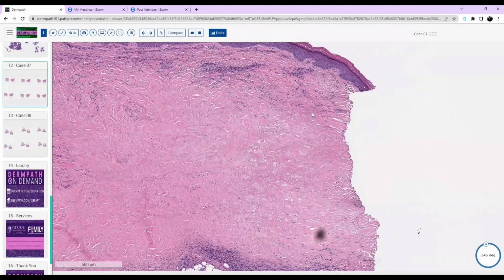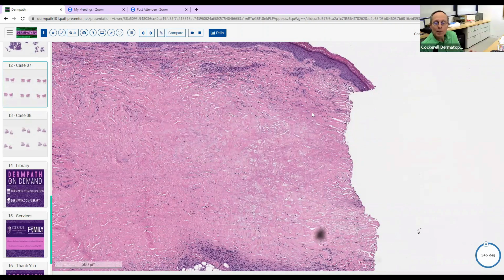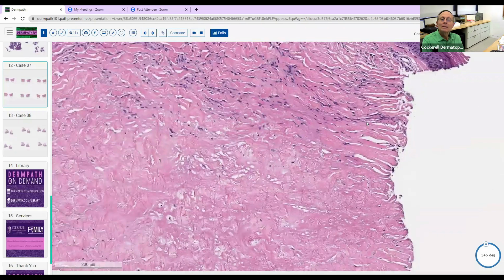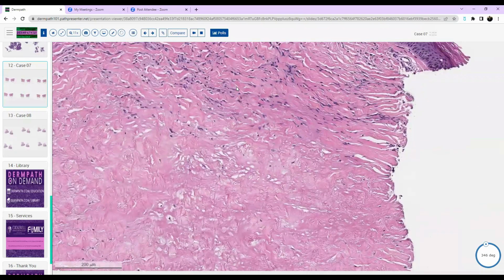Now, when you get histiocytes between and among collagen bundles, what kind of granulomatous inflammation do we call that? Palisaded granulomatous dermatitis. Right.